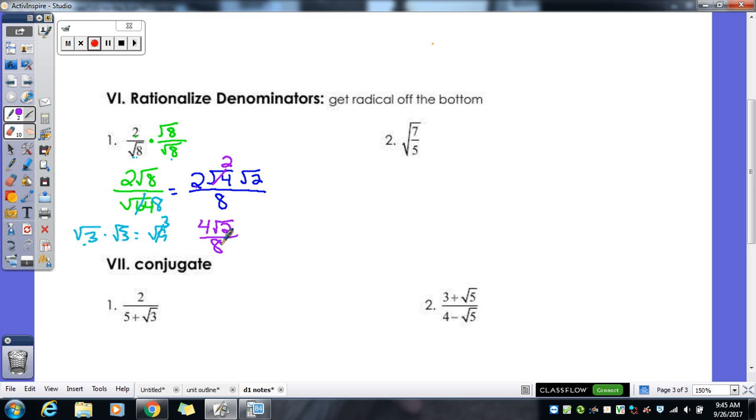And then can I reduce my 4 and my 8? Yeah. What can we divide them both by? 4. So that would become a 1. That would become a 2. So you could have 1 radical 2 over 2. Sometimes you might see that written as 1/2 the square root of 2. Those are the same thing.